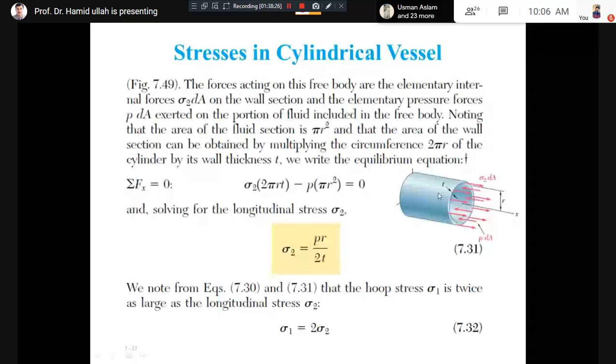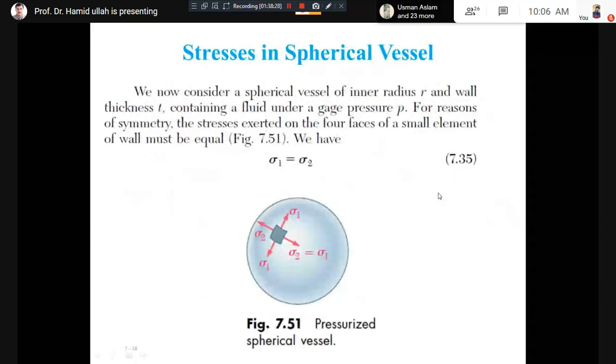When the shape is spherical, as in the slide and the figure, it is now not a cylinder but a sphere. In the case of a spherical vessel, the longitudinal and the hoop stress will both be equal to one another. Why?